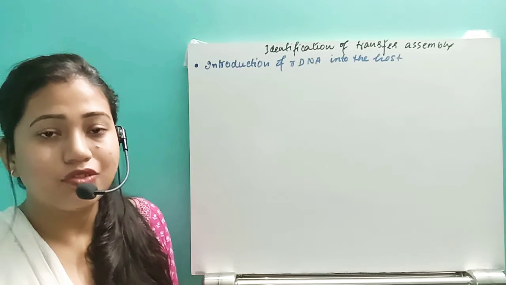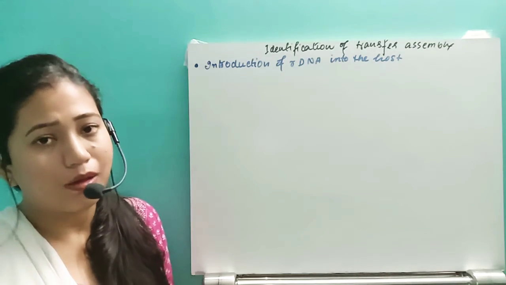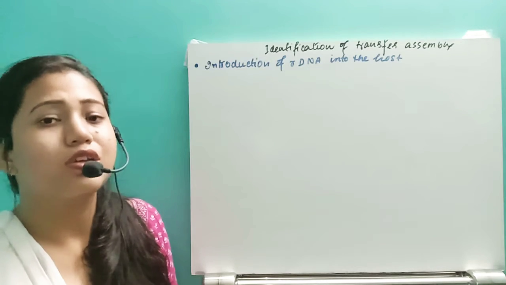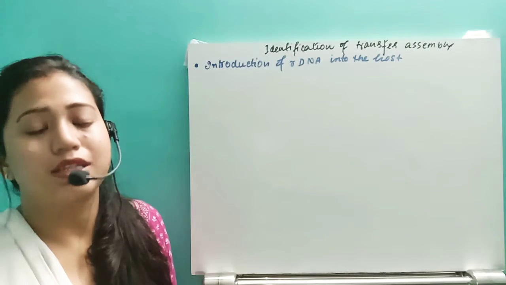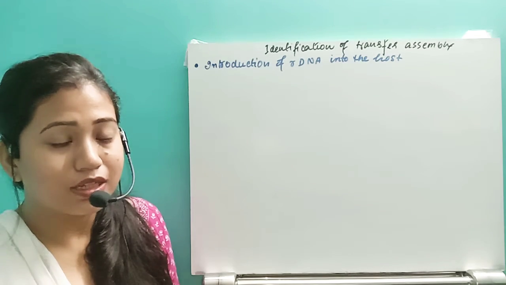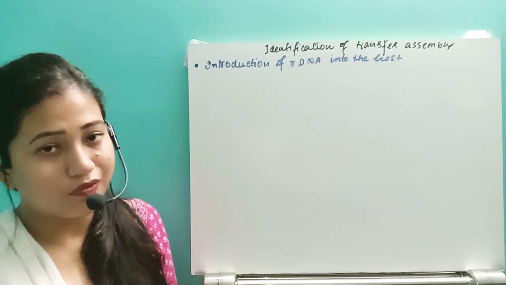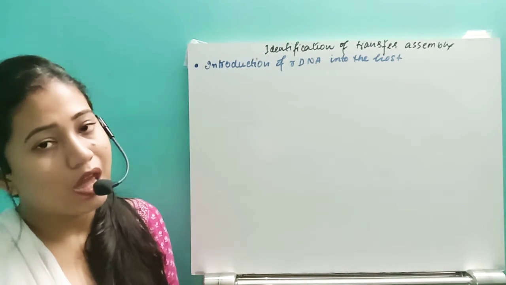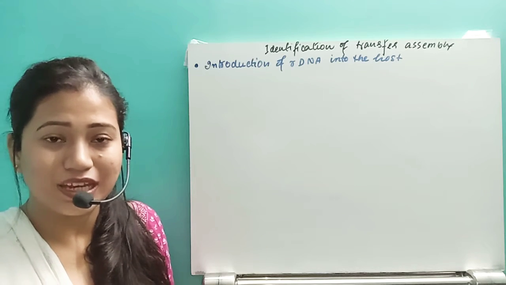After getting the desired gene fragments, we allow them to undergo the polymerization reaction so that from one desired gene fragment we can make multiple copies. And after making the multiple copies, we insert that desired gene fragment into the host. How will we allow them to enter inside the host?